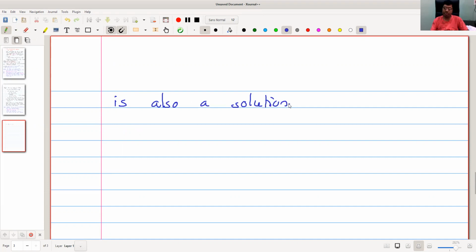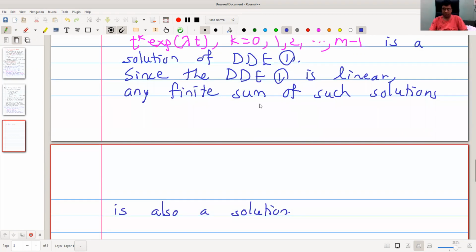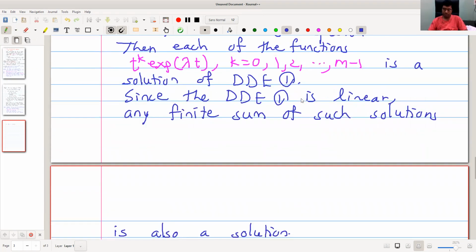This is also the same as the ODE case. If we have n solutions, then their linear combination is also a solution. For an ODE, we can have only a finite number of linearly independent solutions. But for a delay differential equation, we can have a countable number of independent solutions. We have a transcendental equation and it can have infinitely many roots.